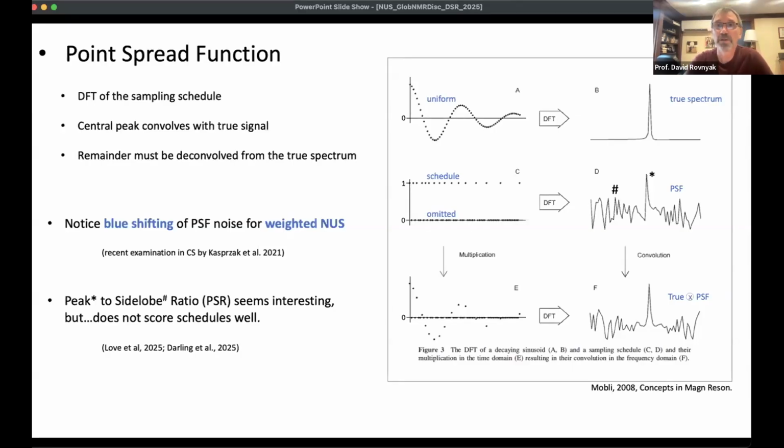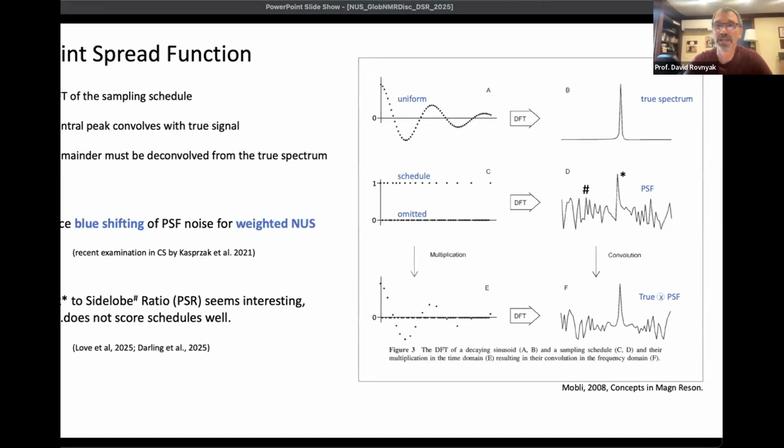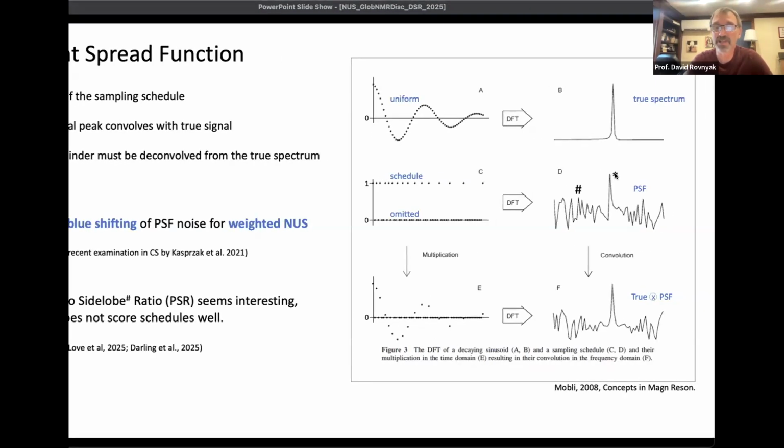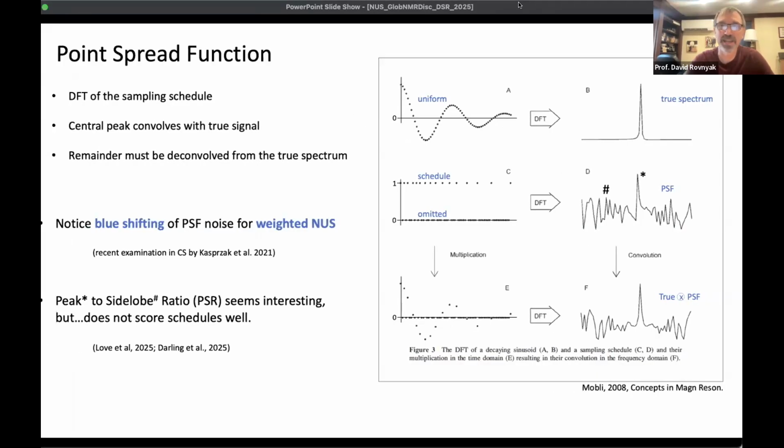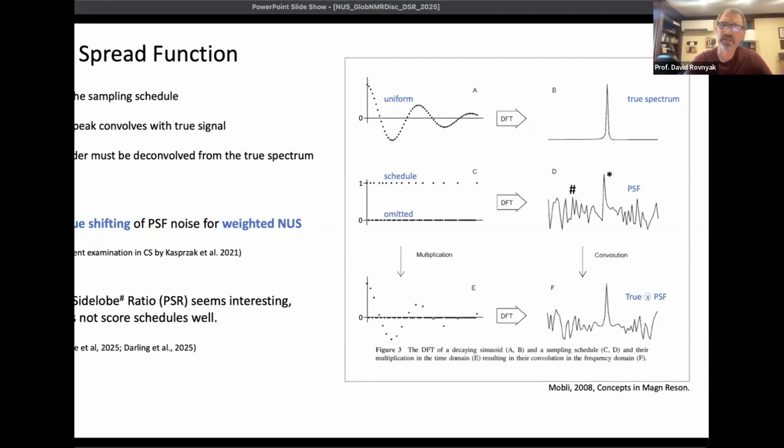One of the tempting things about a point spread function is to actually look at the peak to side lobe ratio, the peak indicated by the asterisk and the side lobe indicated by the hashtag or pound, depending on your generation. And that ratio might at first seem compelling. It tells you about the magnitude of the noise-like artifacts in the point spread function.